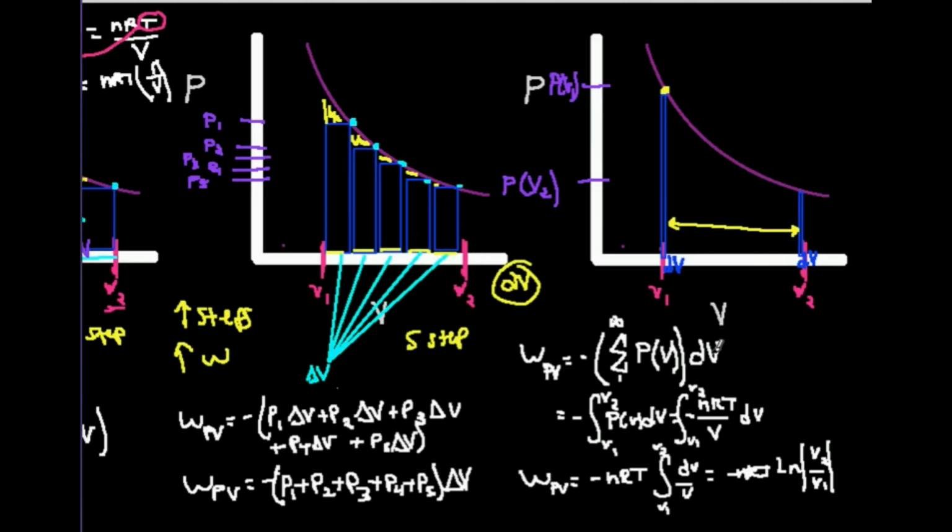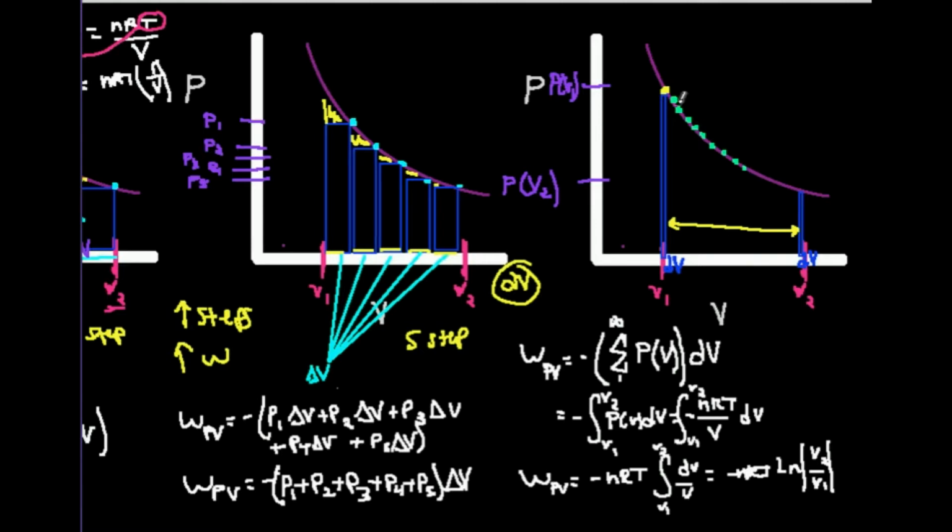What's the problem with that? Well, there's an infinite number of them. So how could you possibly, in a finite amount of time in your life, add up an infinite number of these dVs times the pressure where you are on the curve? You can't do that because there's an infinite number of them, okay?